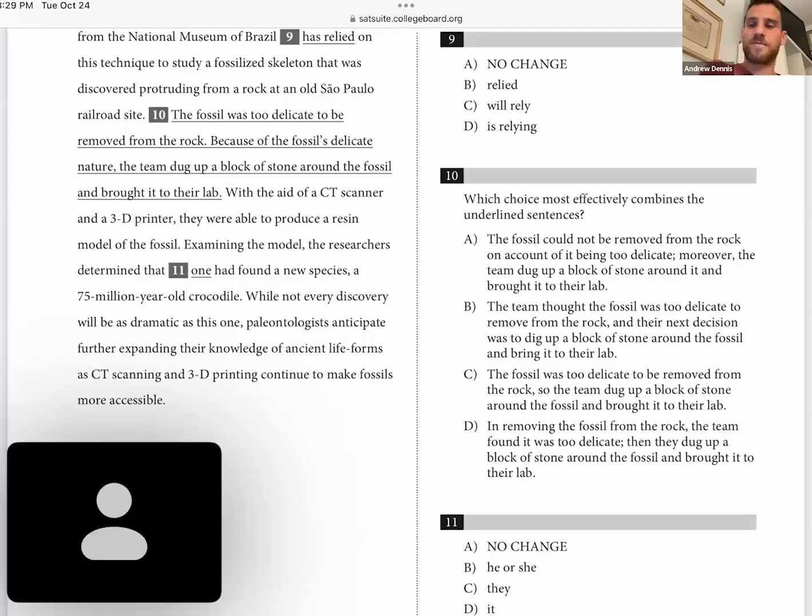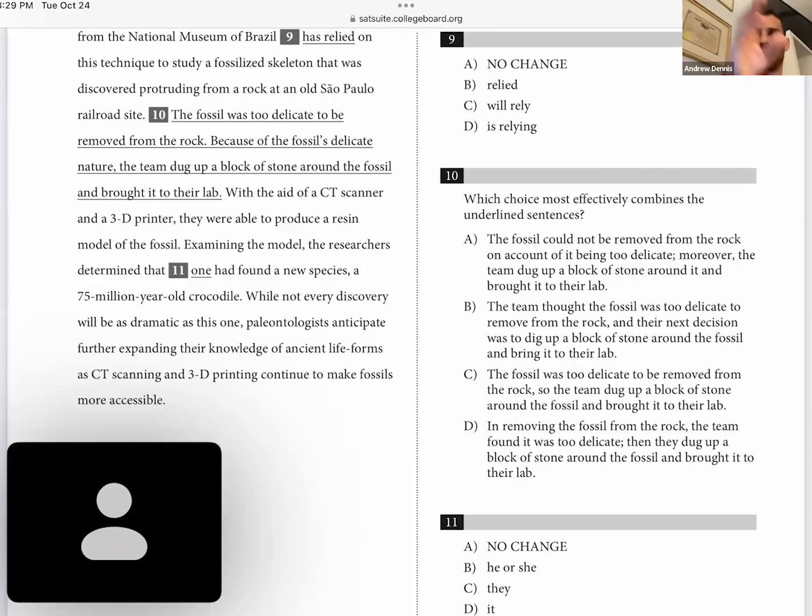So for number 10, I know I gave away the answer with how I read it, but why do we pick C? Because C reinforces the main idea of English grammar. Free of grammatical error, the best sentence is the most concise. And C is very concise. The fossil was too delicate to be removed from the rock. It's active voice.